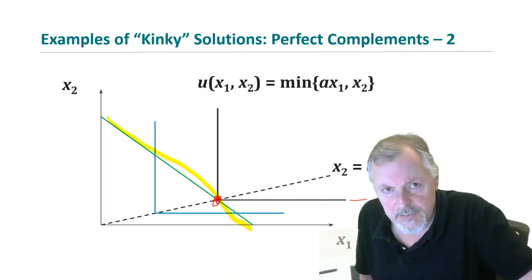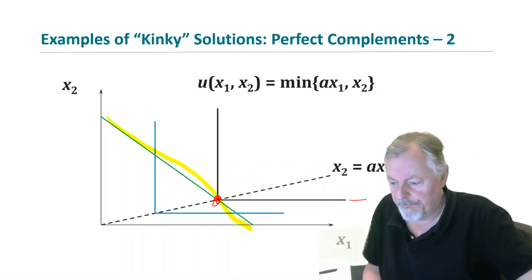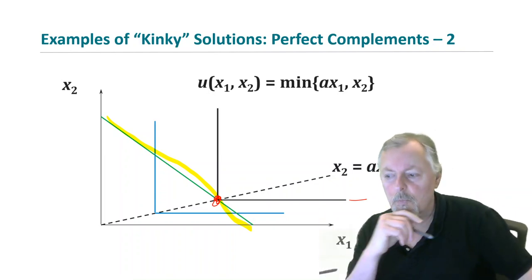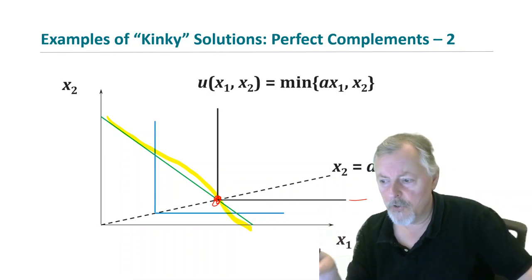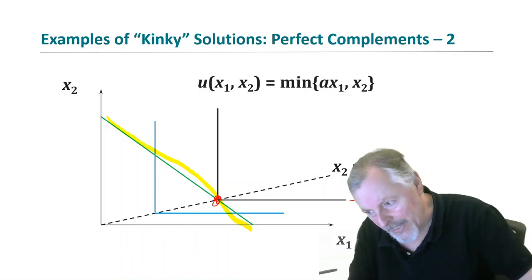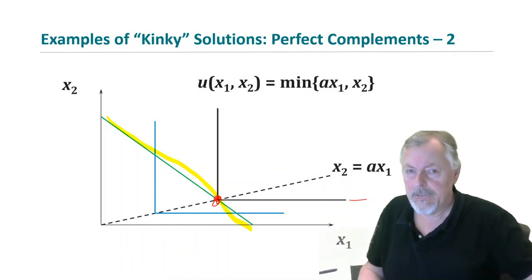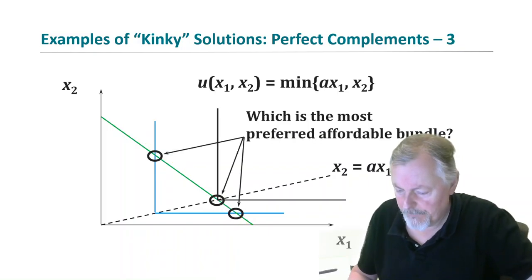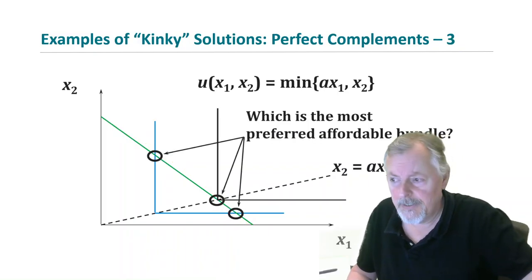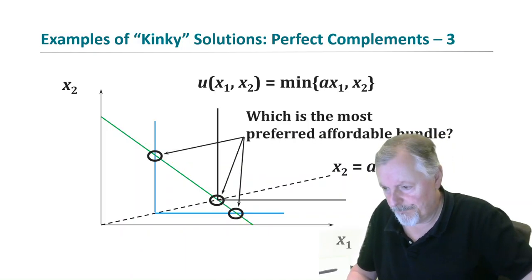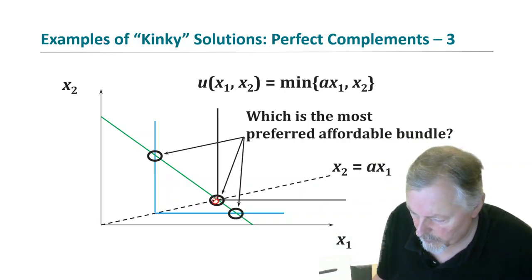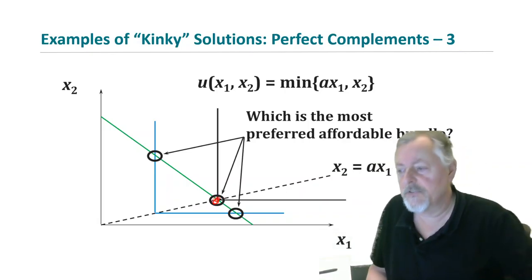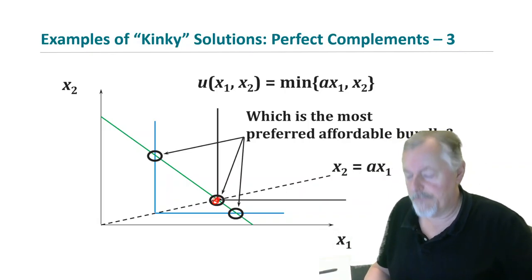But the tangency condition doesn't hold, because what is the slope of the indifference curve at that corner bit, at the kink? It's not defined mathematically. Visually, it still works. Mathematically, it won't, because at that point, the indifference curve slope is undefined.